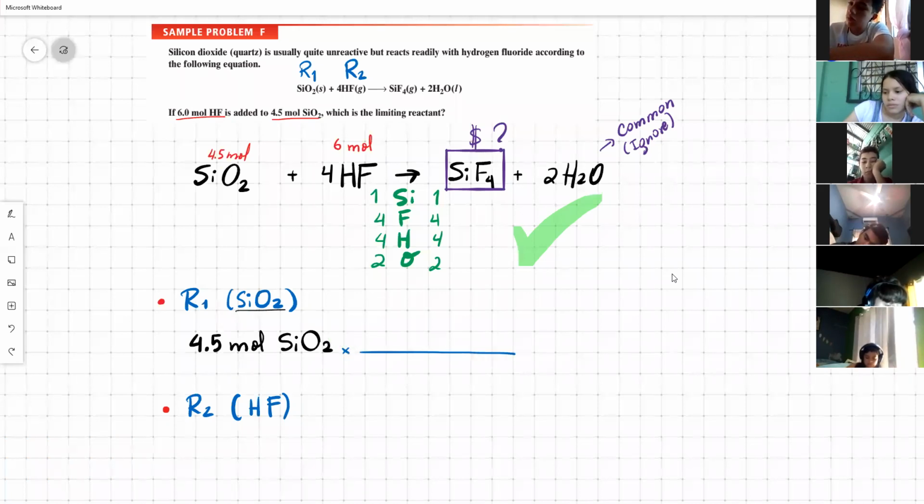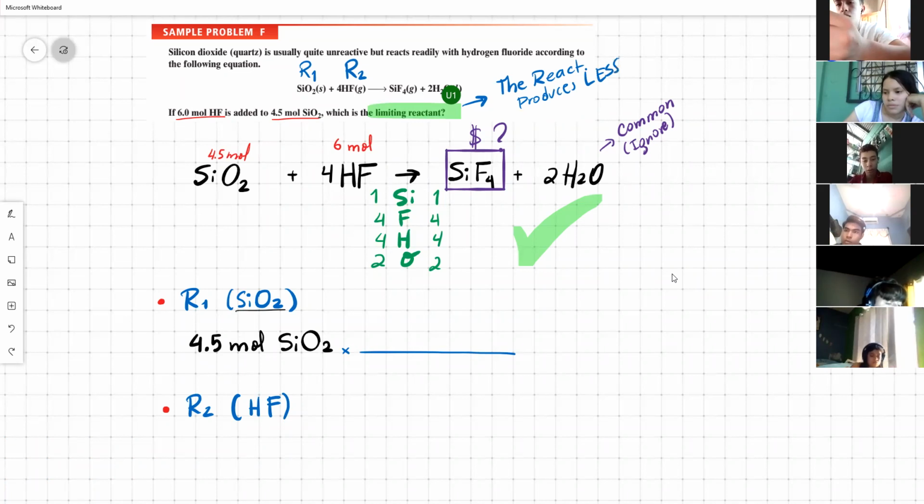Now, by definition, the limiting reactant is the reactant that produces less of a product. So I'm going to focus on the reactant that produces less.